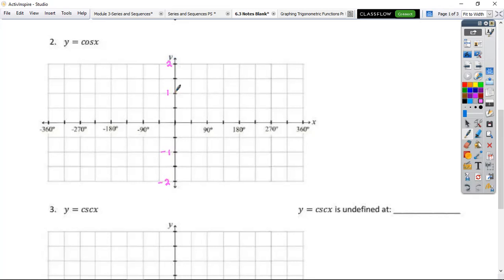So I am going to start right at 1. And then 0. And then -1. And then 0. And then up at 1. And then I'm going to go right through this.